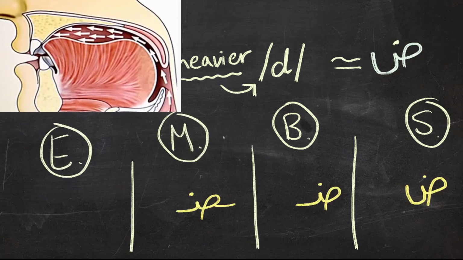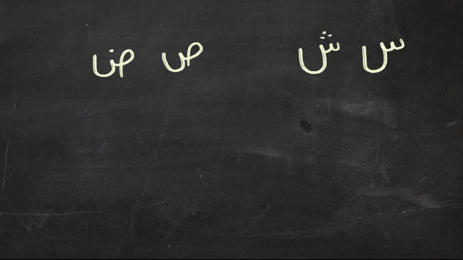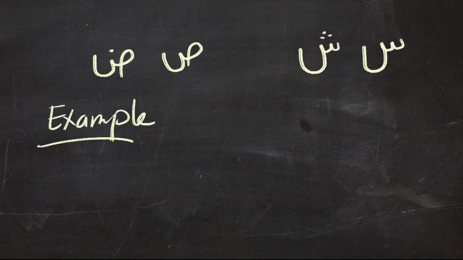Now, that was the second set of letters of today's lesson. They were Sin, Shin, Sad, Dad. Let's have some examples to combine these letters with letters that we have studied before to remember what we have learned today and also in the previous lessons. Some examples. The first example is the word sept.